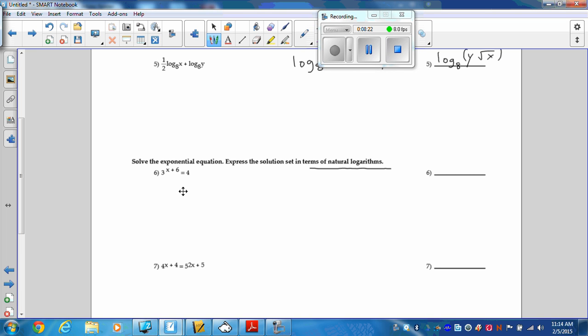So what we're going to do is the logarithm piece, and remember this is going to be log base 3 of 4 equals x plus 6. And I think I'm going to change my mind here and use that e to the power that we did once or twice in the past because I have an exponent here.